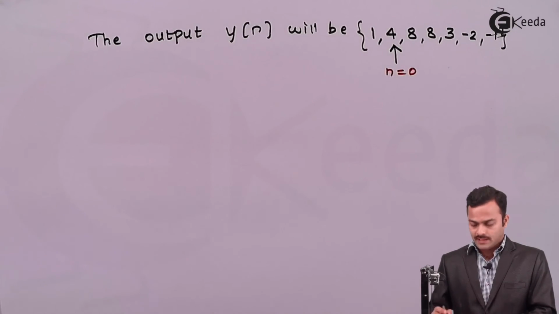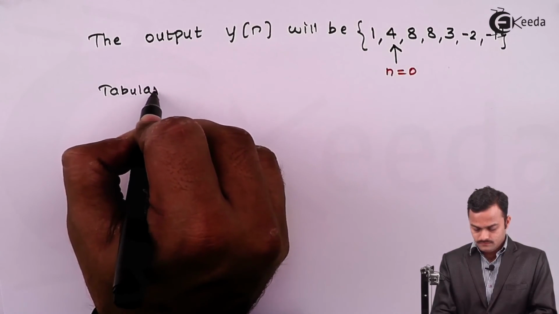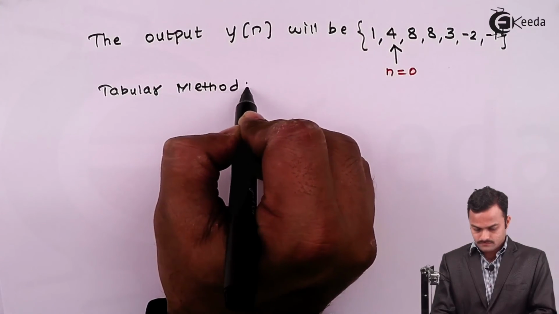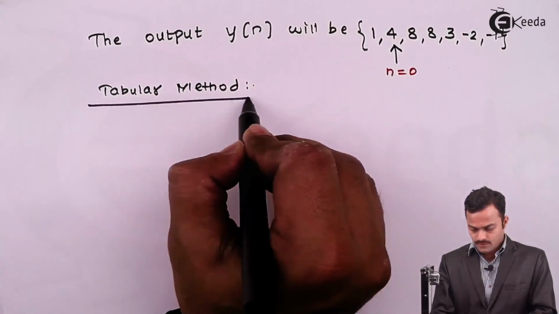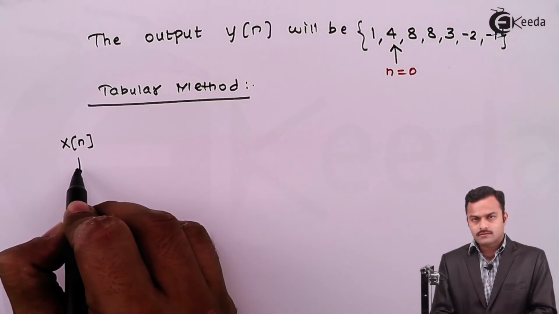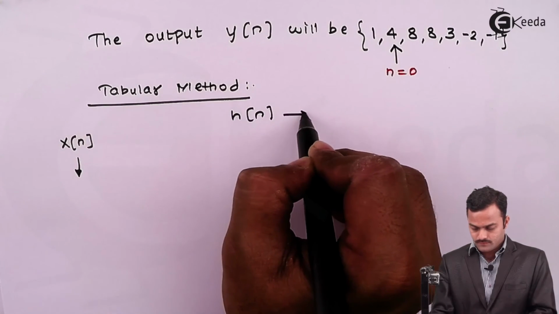Now let's verify with the tabular method. So quickly we'll write x of n column wise and h of n in this row.